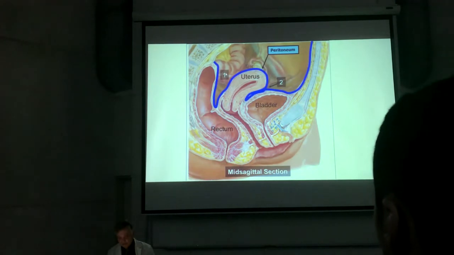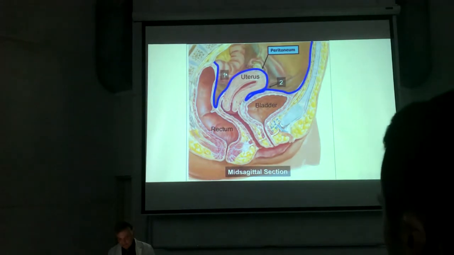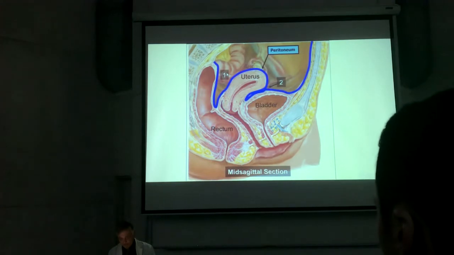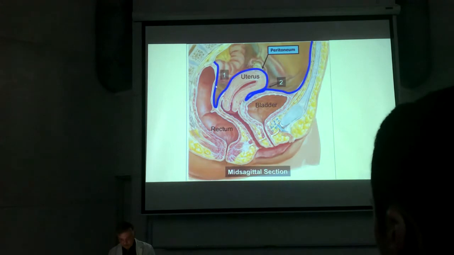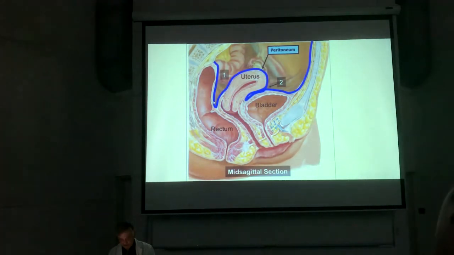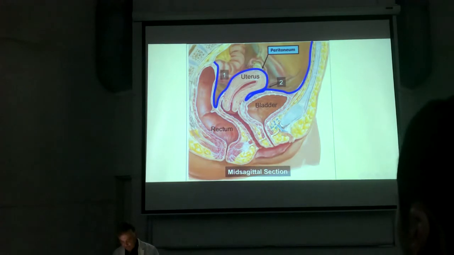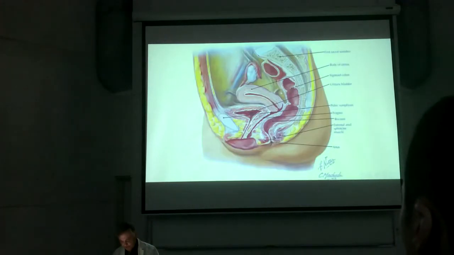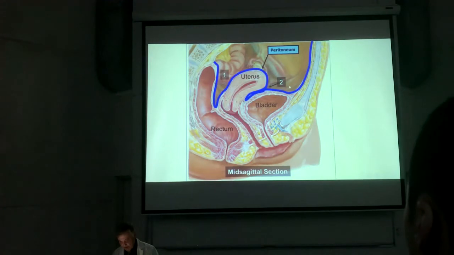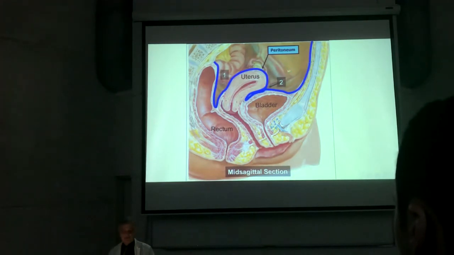Now, if we come down to the pelvis, this is the pelvis of a female, where the peritoneum comes, covers the rectum, turns on the uterus, and covers the anterior part of the uterus. Then it turns on the bladder and covers the dome of the bladder, and then goes up to the anterior abdominal wall.